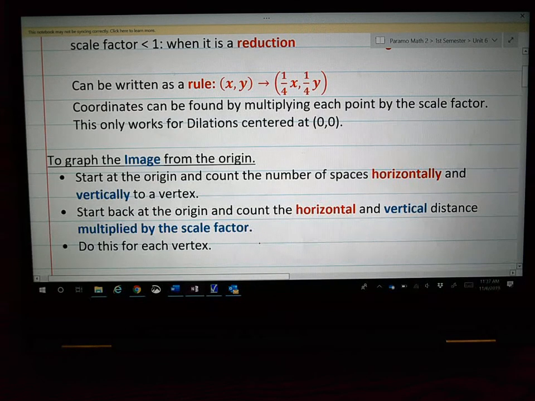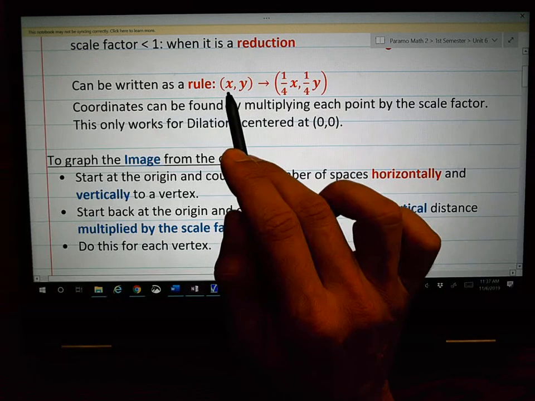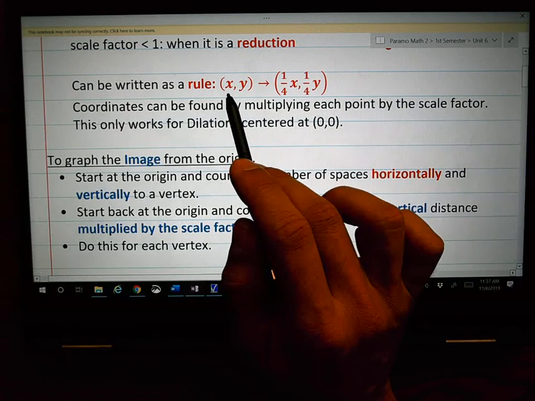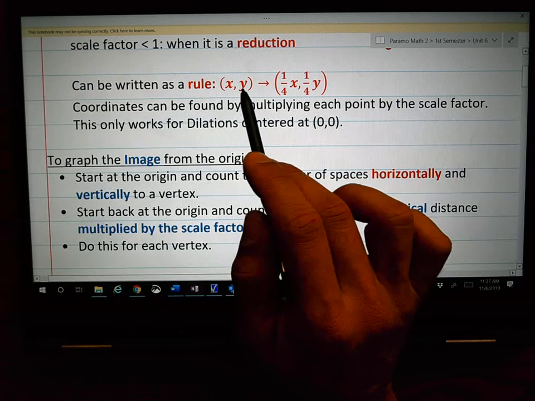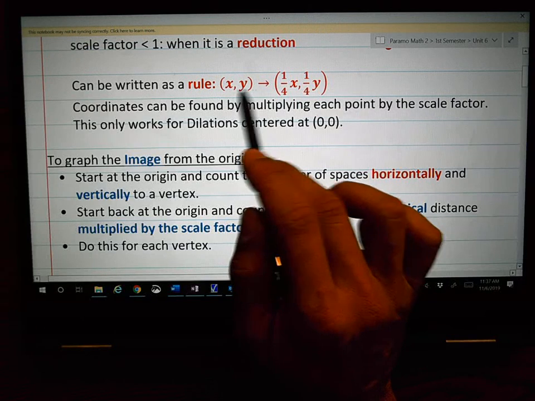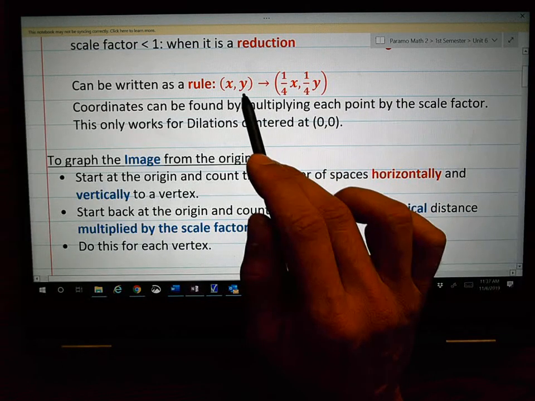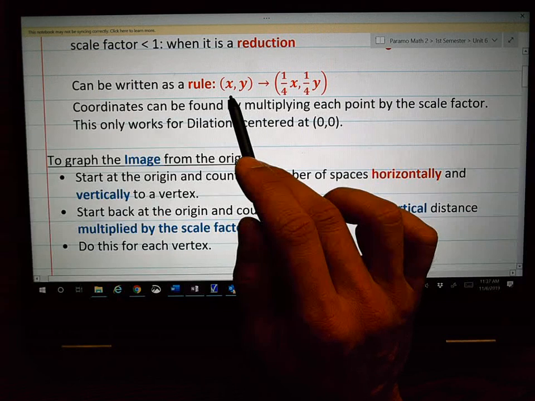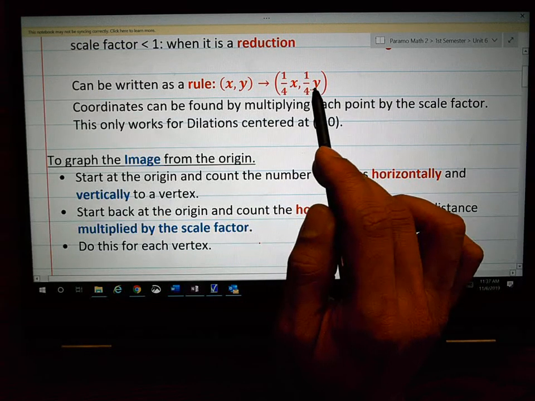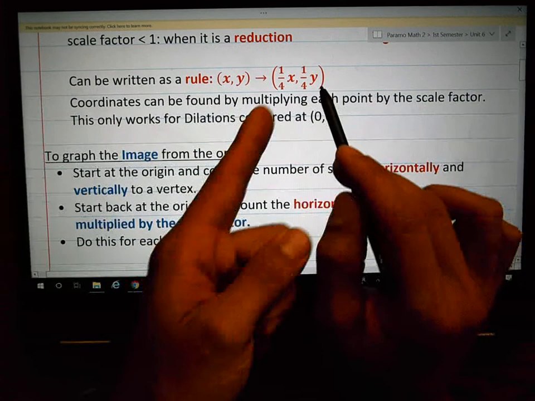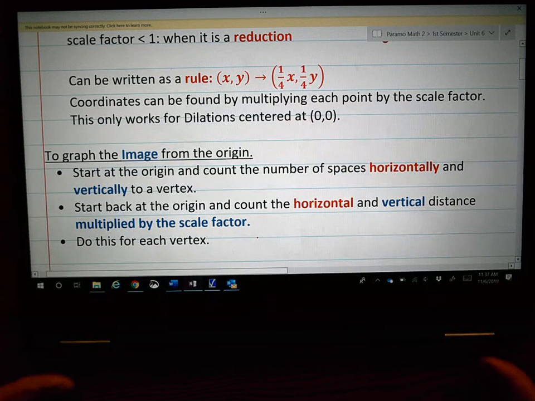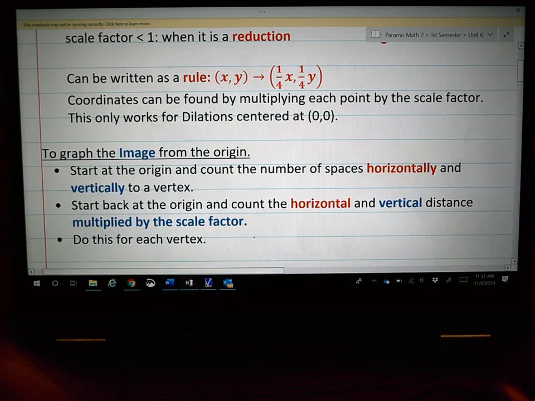The other thing is that there's going to be a rule that's given. They're going to tell you you have these X's and Y's, and what you're doing to all of your X's and Y's is you're doing 1/4 of the distance in the X direction and 1/4 of the distance in the Y direction. What that means is the scale factor is 1/4.